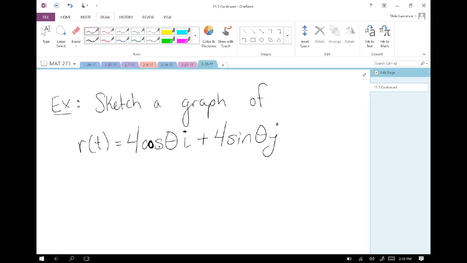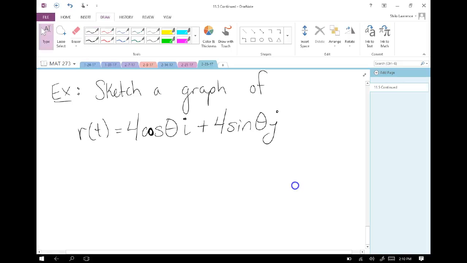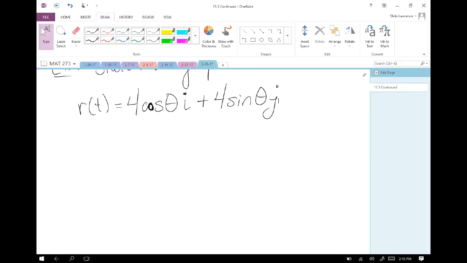So if we do this one numerically, we're going to do it similar. But if we want to do it algebraically, we're going to do it a little bit different. So numerically, we said we're just going to plug in values for the parameter. This time the parameter is an angle inside of a trig function. And we want to make sure we plug in values that make sense and that are going to give us a nice number back.